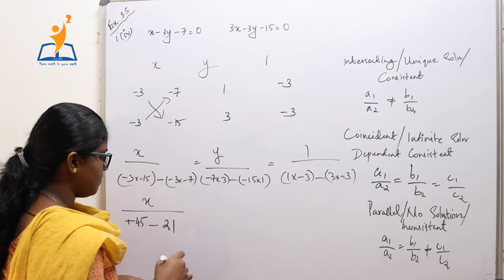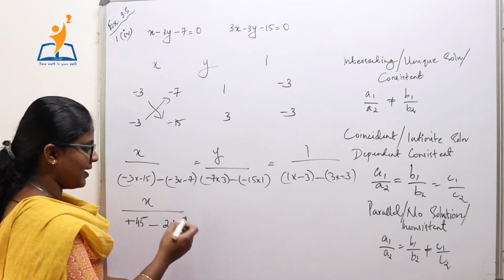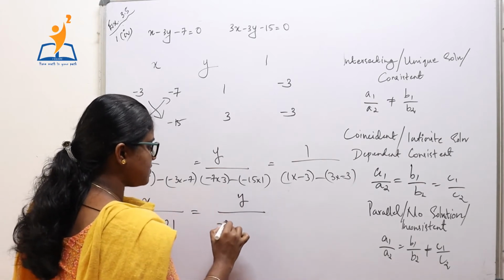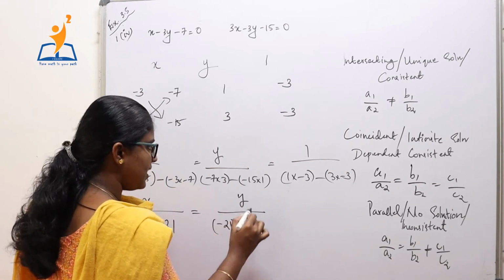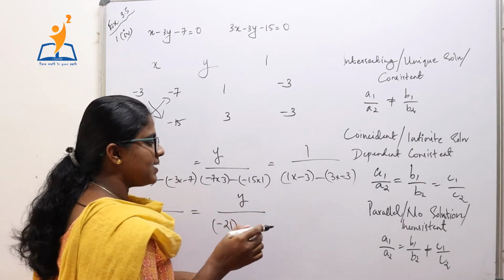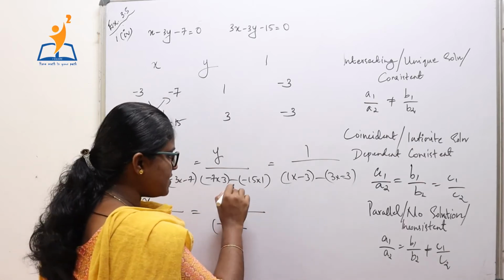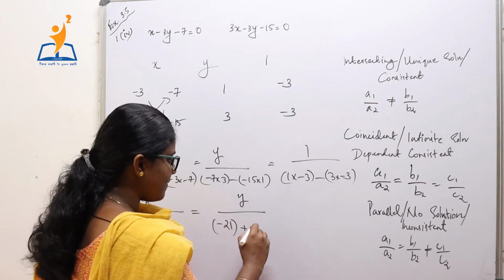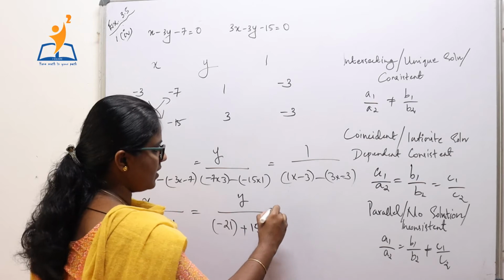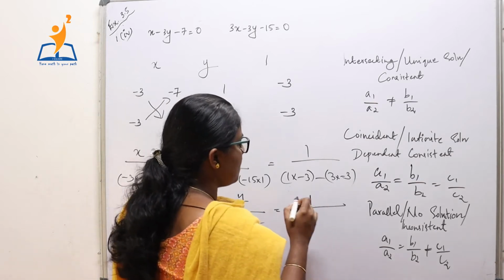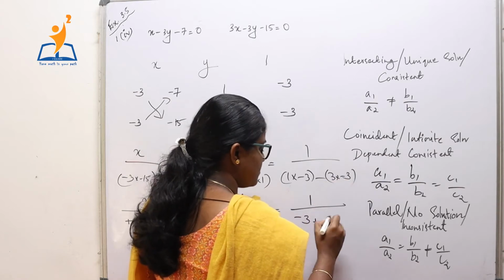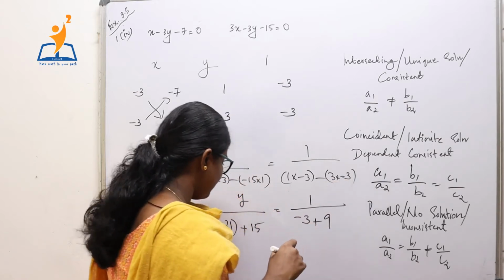So it will become plus 45 minus 21 equals to y by minus 7 into 3 is minus 21 minus 15 into 1 is minus 15, and this minus and minus will get positive, that is plus 15 equals to 1 by 1 into minus 3 is minus 3, again minus and minus gets positive, 3 into 3 is 9.